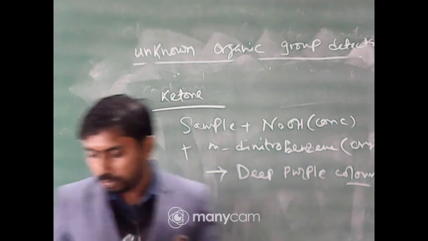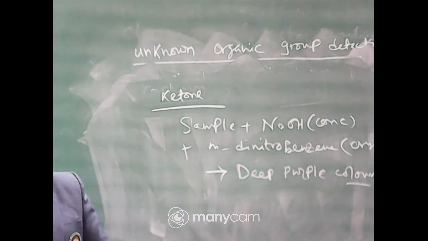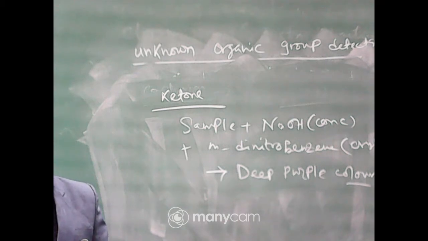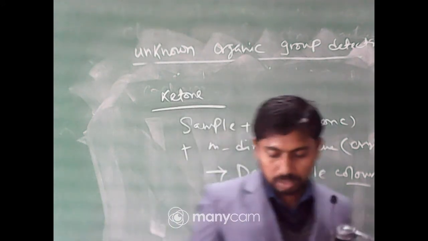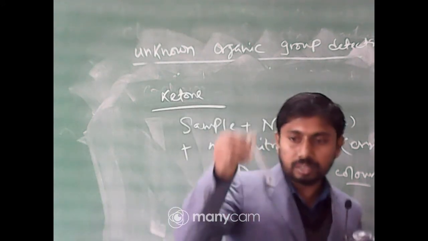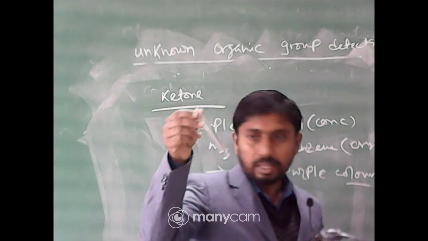Another test to confirm the ketone is the sodium nitroprusside test. Okay, so just check it. Just wait, we will show the next test, the sample is ready here, the acetone.